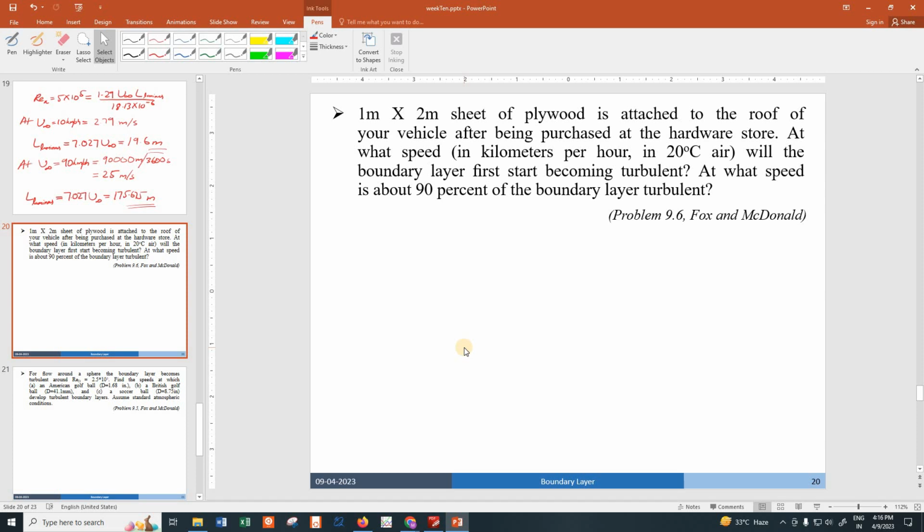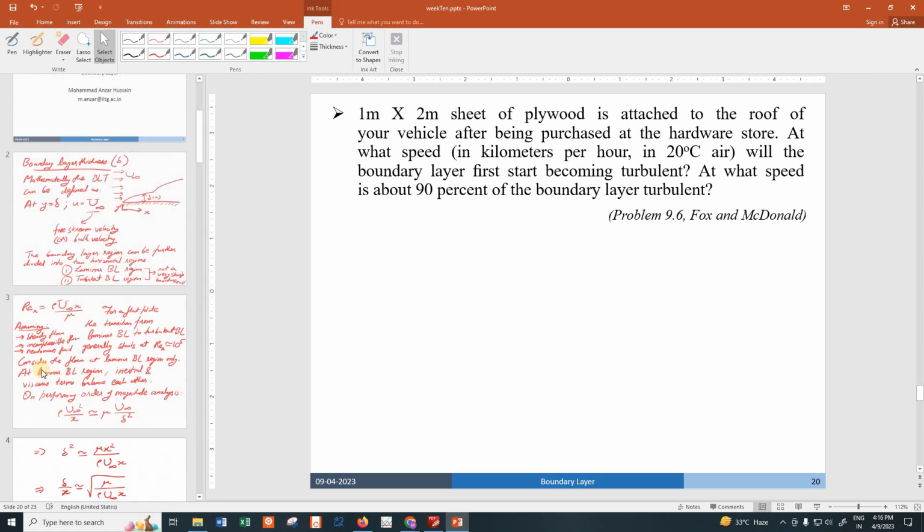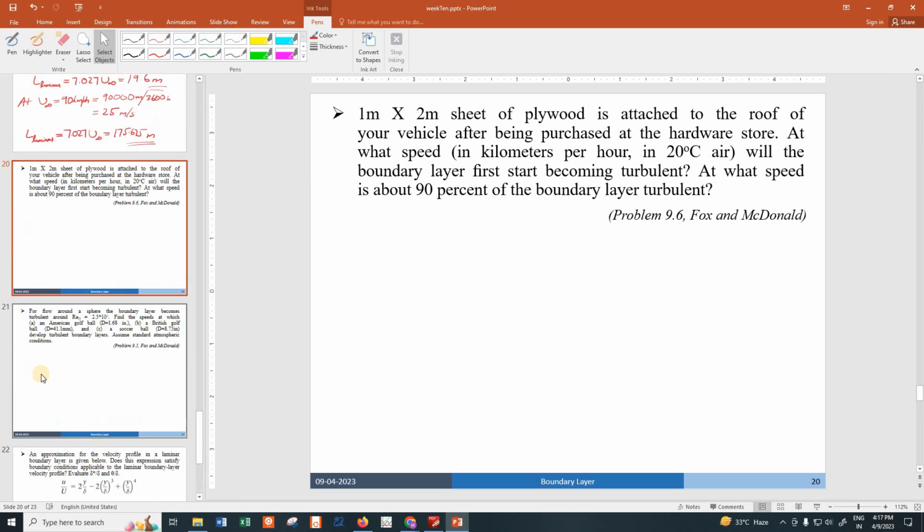So a 1 meter by 2 meter sheet of plywood is attached to the roof of your vehicle after being purchased at the hardware store.